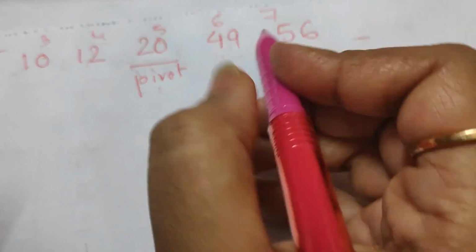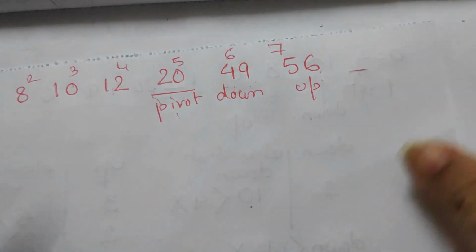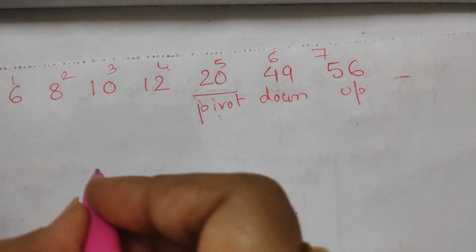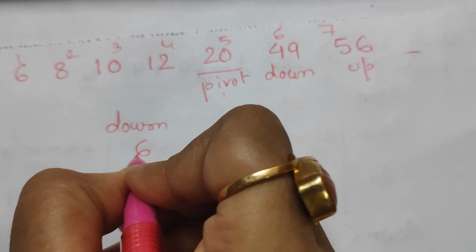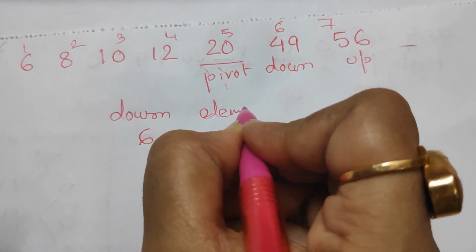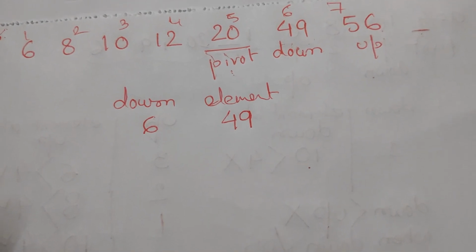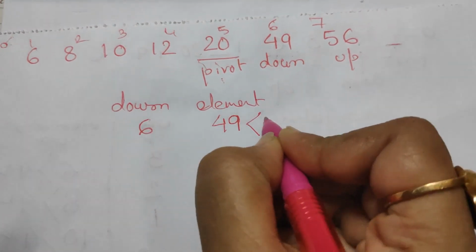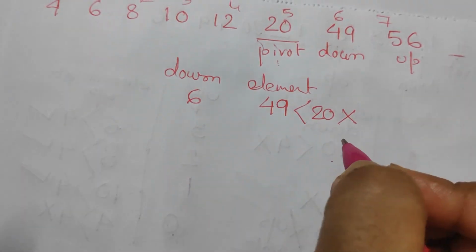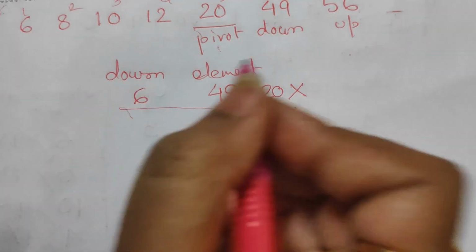So index number 6 will become our down and index number 7 will become our up, right? So let us again write down down. Down index is 6 and the element at down is 49, right? 49 less than 20 is false. So down index halts over here.